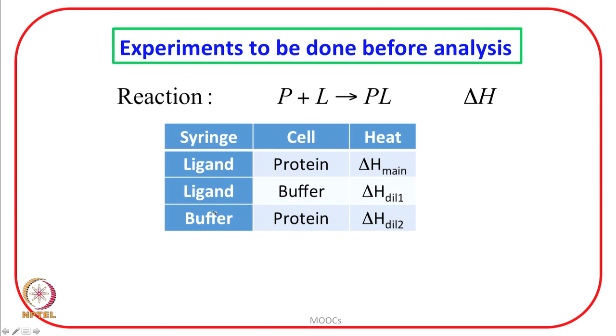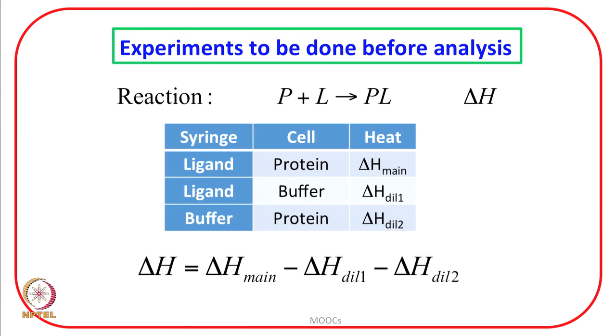Obviously, these heat changes, delta H dilution 1 and delta H dilution 2, should be subtracted from the main delta H to get the accurate value of the heat of reaction, or the accurate value of the enthalpy change associated with the process.